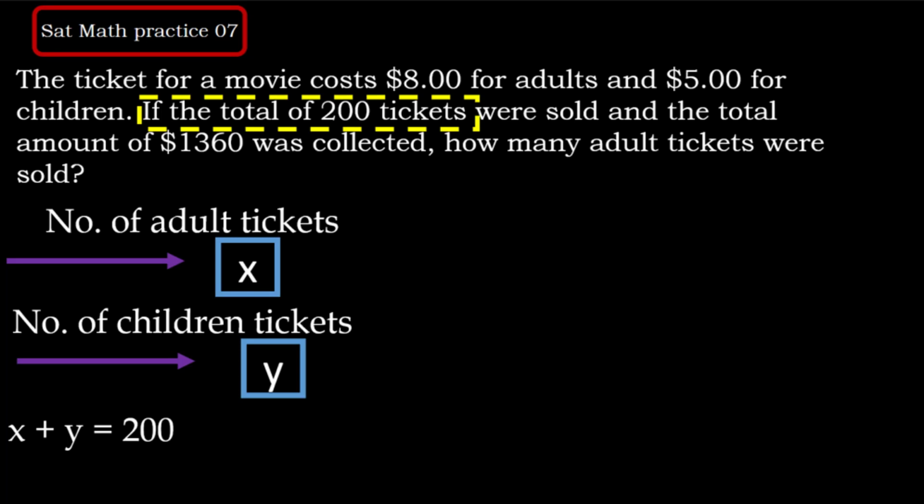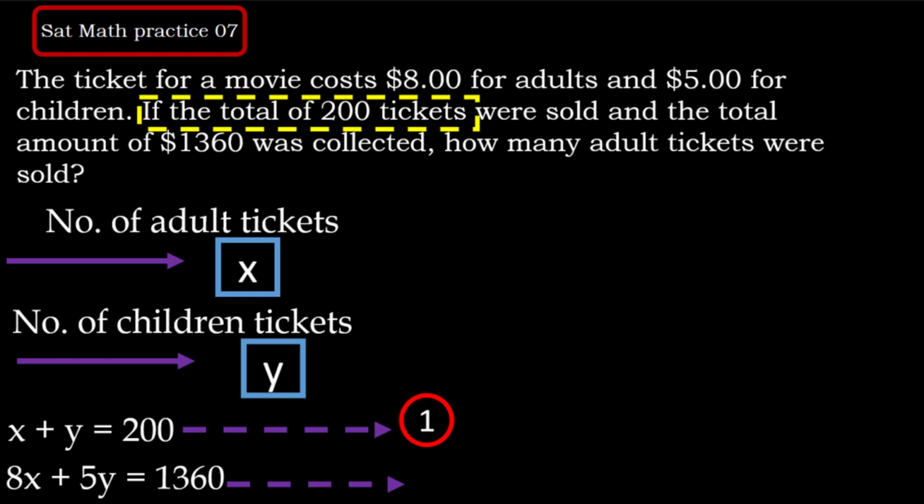We have 8 for adults, so the value is 8x, and 5 for children, which is 5y. So the equation is 8x plus 5y equals 1360. To solve these equations, we must equate the x variable or the y variable, as you like. I will choose to equate the x variable.